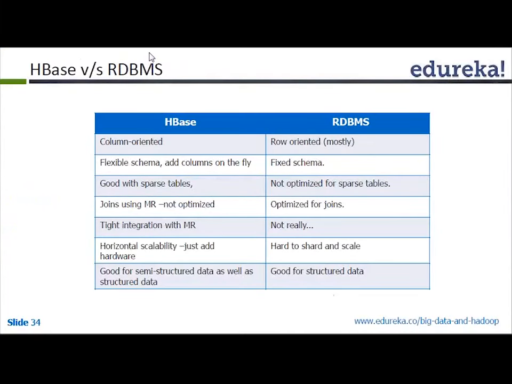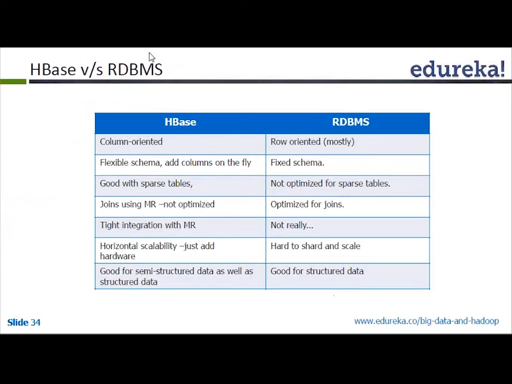If you wanted to quickly compare, although we have already done that, between HBase and RDBMS: HBase is column oriented, whereas RDBMS is row oriented. HBase has a flexible schema wherein you can add columns dynamically, whereas RDBMS has a fixed schema. HBase is very good with sparse tables, we discussed that, whereas RDBMS is not good for sparse tables.